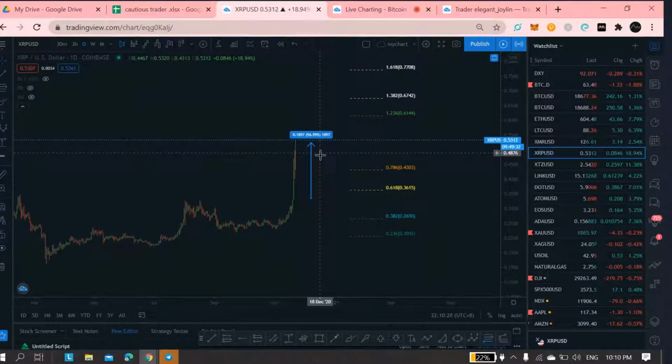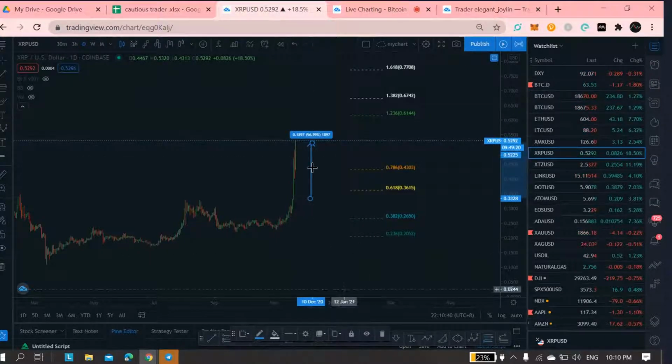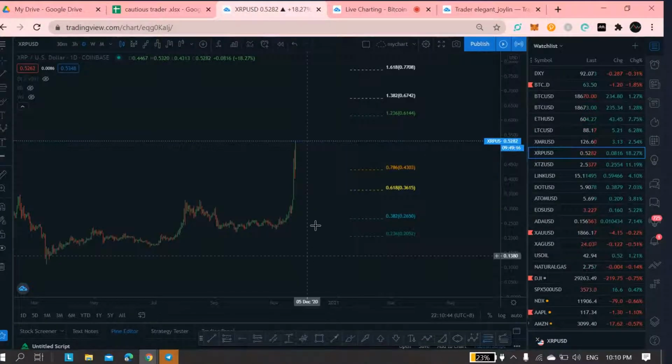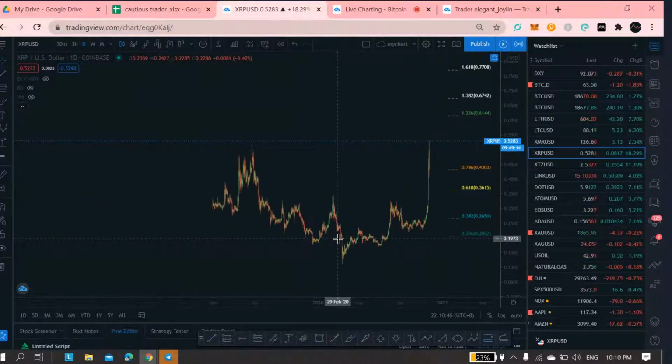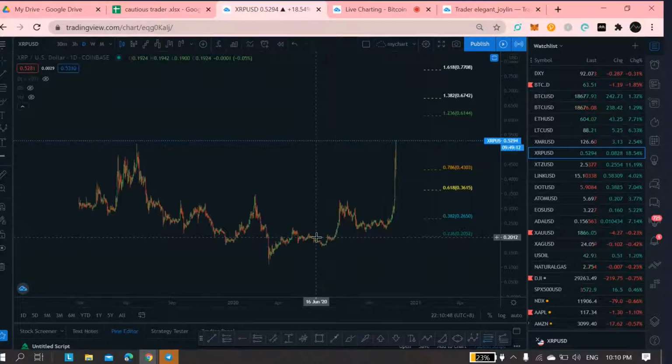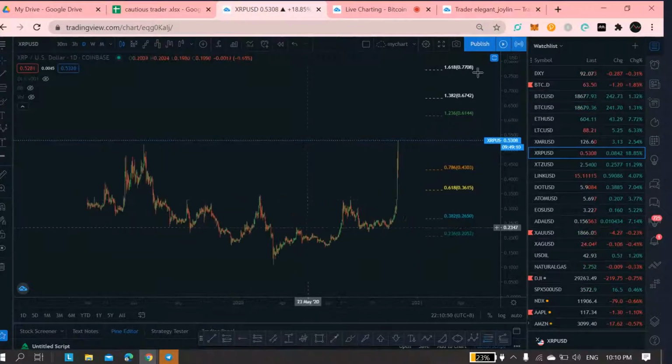That's most likely around, if 100, that's 5,600. Wow, congratulations to those who have long positions on XRP, or around 25 if 50 times leverage. Wow, I'm assuming that you're also using the maximum leverage.